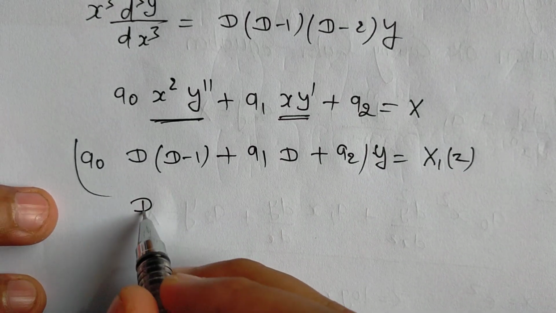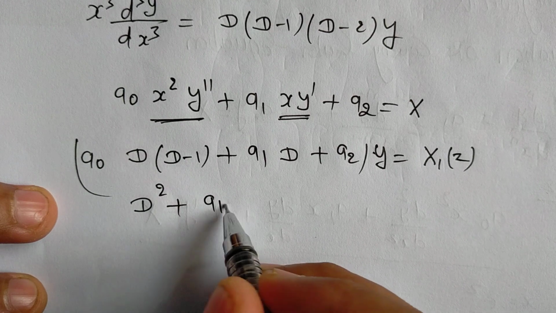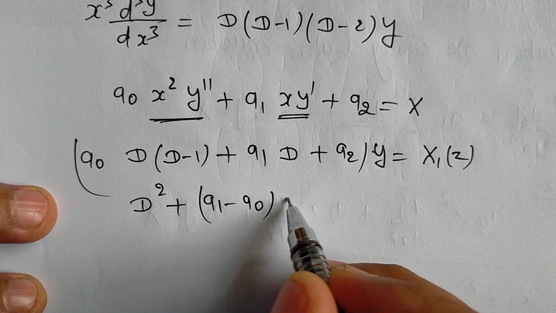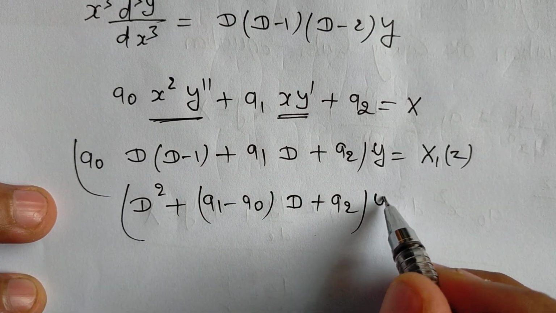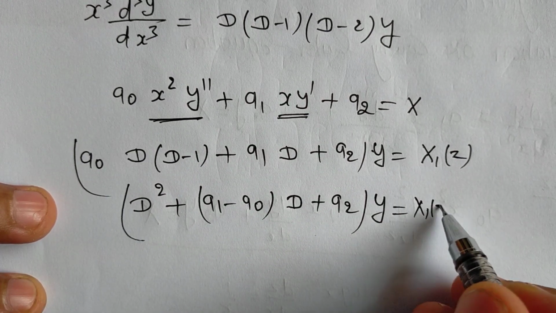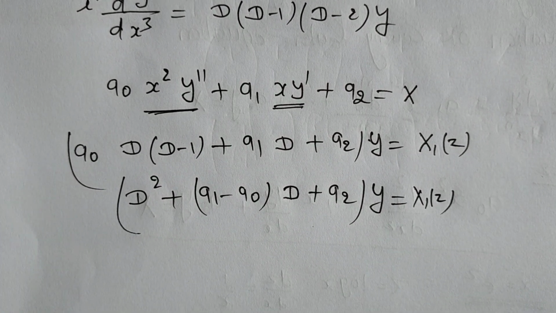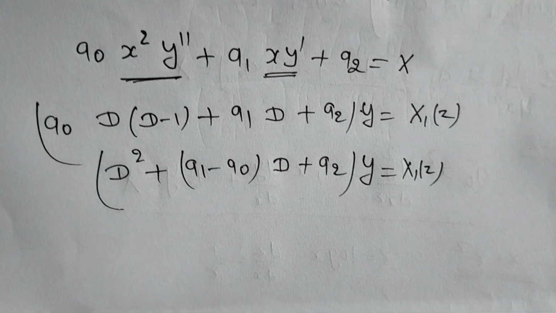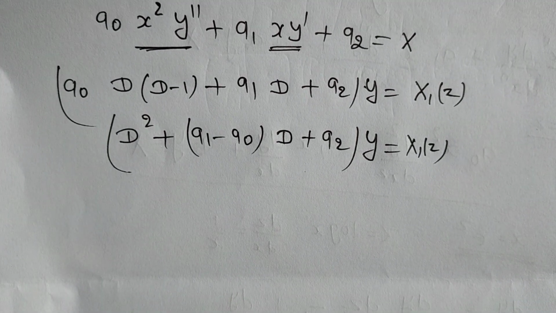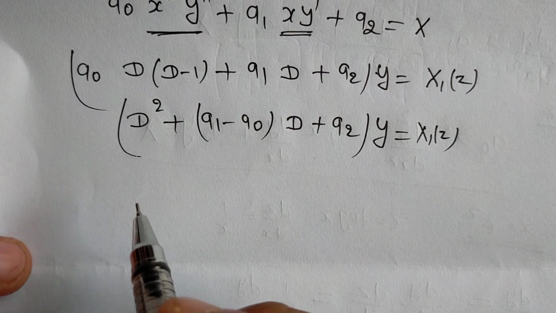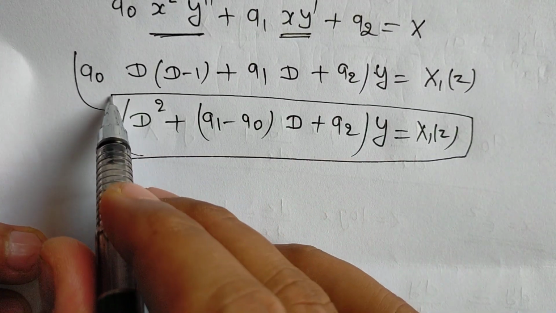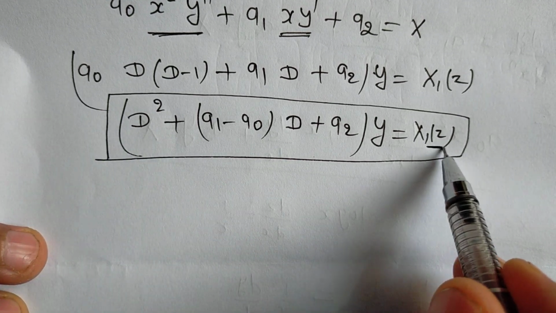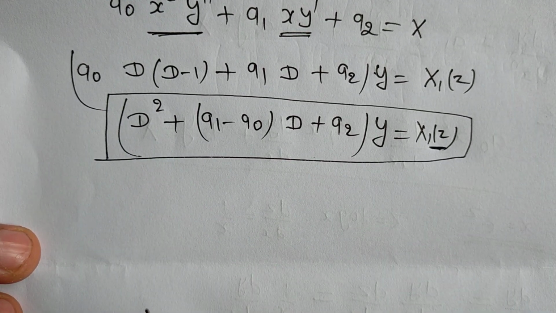So this will be D square plus a1 minus a0 D plus a2 y equal to X(z). Now this differential equation is with constant coefficient, so we can solve and get the complementary function and particular integral in terms of z, and later again we can convert z into x.